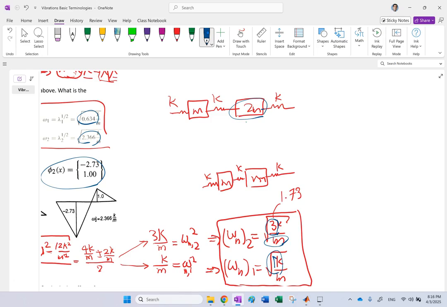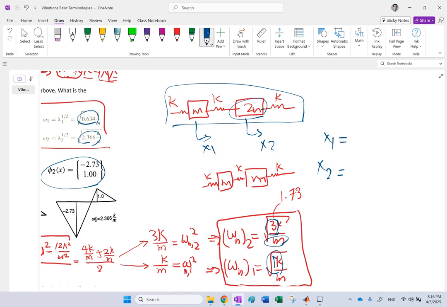Now, one thing I want you to pay attention to, and that is very critical, is remember that these two frequencies belong to the whole system. It's not like omega n1 belongs to object 1, omega n2 belongs to object or mass 2. No. Both of these objects, the whole system, has two frequencies in it. So as you'll see in a second, if I look at the response of each one of them, x1 or x2, in both x1 and x2, there are two harmonics.